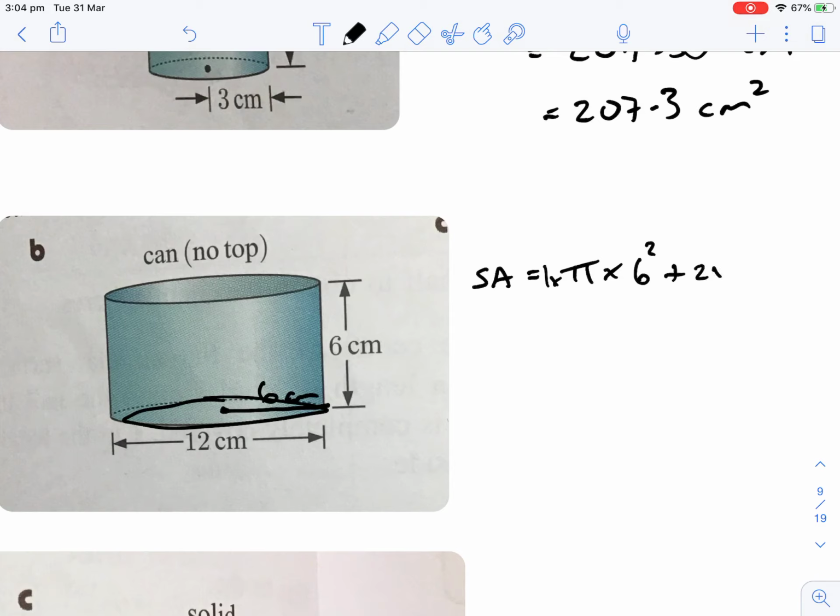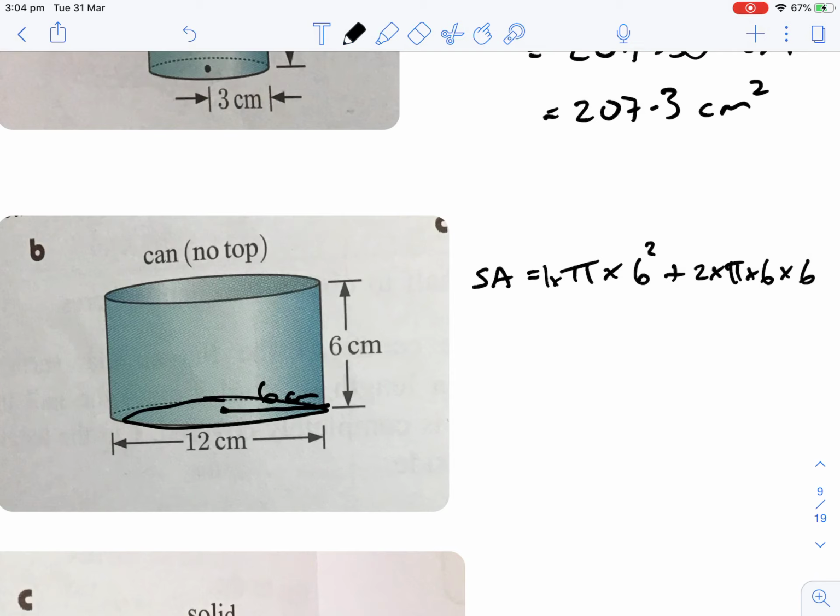So we still need to do the 2 times pi times your radius. That 2 there is just 2 times r gives me the diameter, and this whole bit here gives me the circumference basically. I will just take that r off. We know the radius here was 6. So 2 times pi times 6, not squared because that's just your circumference, that's the linear measure, times the height of the shape, which is also a 6 in this particular question.